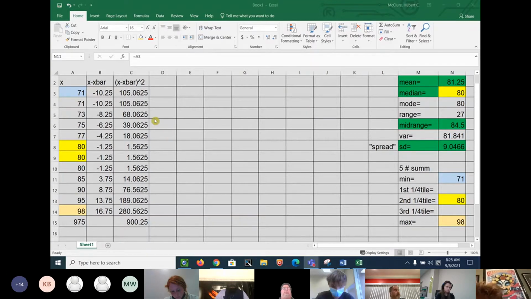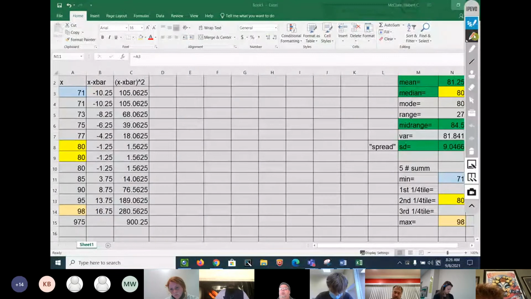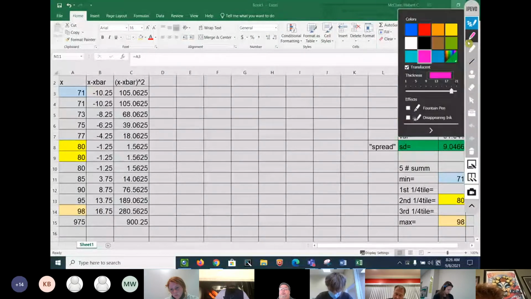Where is it? Middle. The median is in the middle. Okay, tell me where that is.